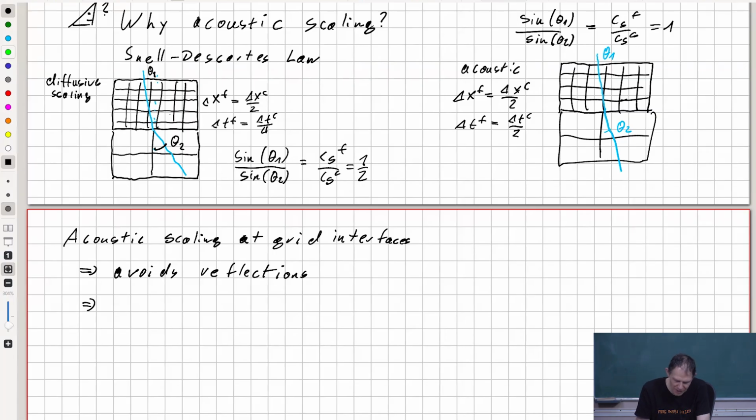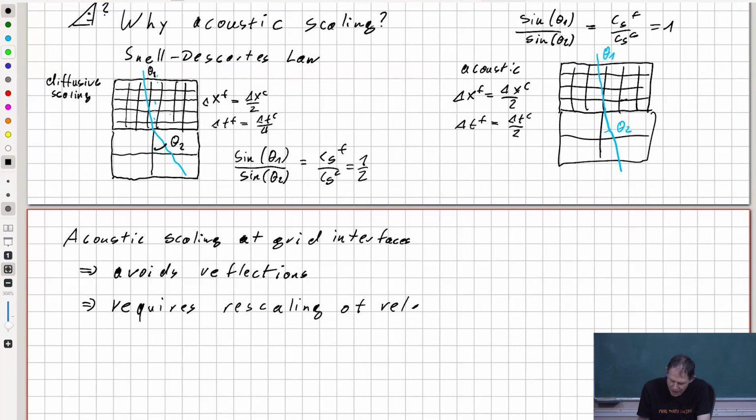So, however, as we have learned, acoustic scaling requires a rescaling of the viscosity, and by so doing, it also requires a rescaling of the non-equilibrium part of the populations.